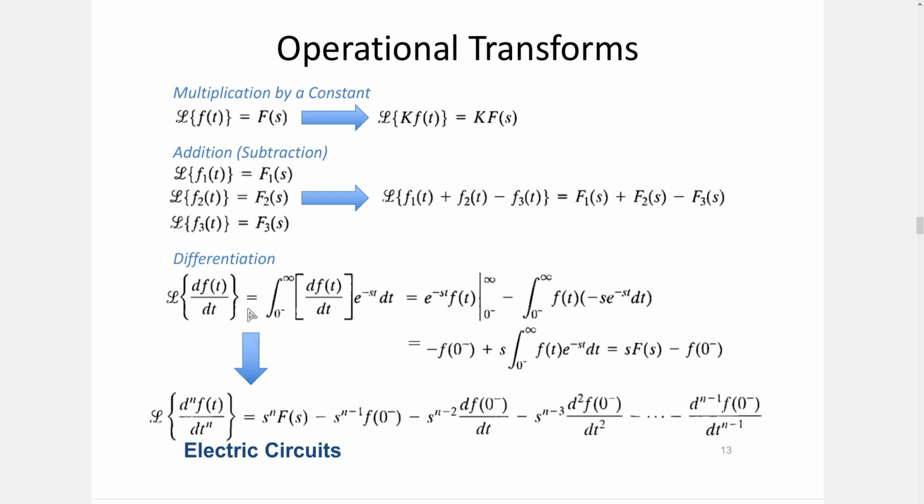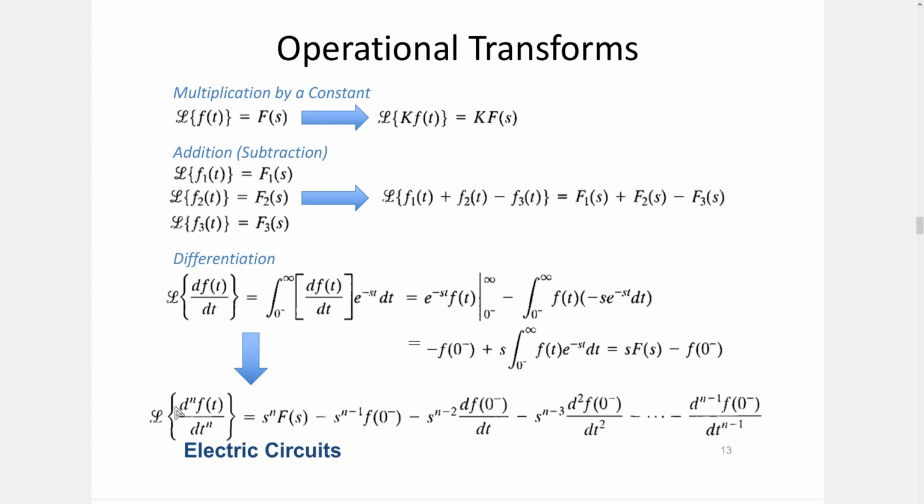By mathematical induction, we also see that if the nth derivative of the function f(t) is taken in the time domain and transformed into the frequency domain, you are going to get a regular structure shown like this.